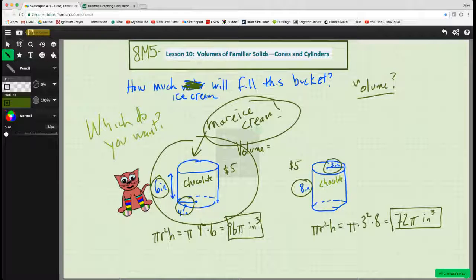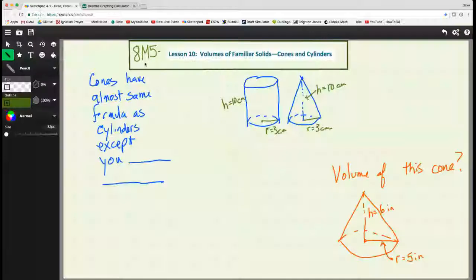All right, let's move along. Now, cones look like this. They're ice cream, like imagine an ice cream cone. A cone has a base here that looks like a base of a cylinder. It's the same as the base of a cylinder, but it comes to a point on the other side. So that's the difference between a cone and a cylinder.